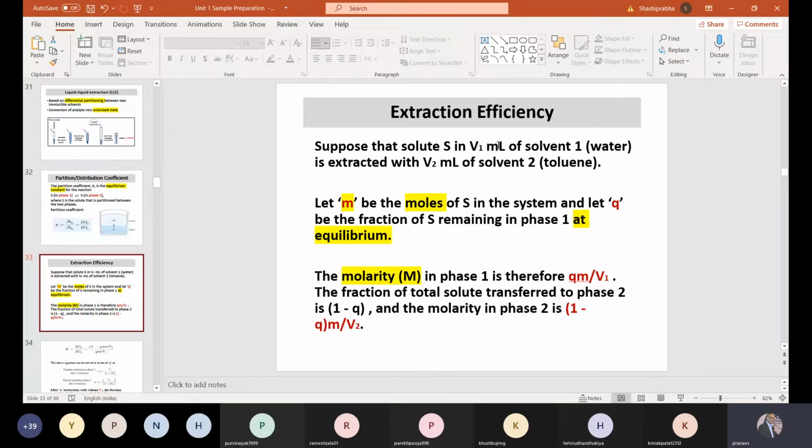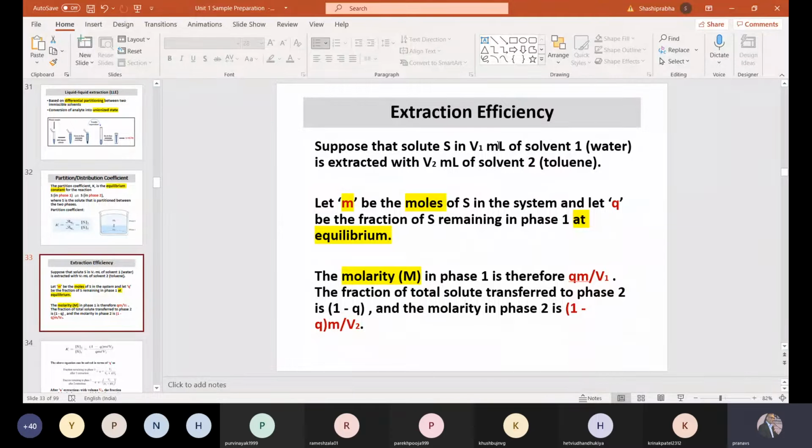That is what we intend to understand now as we move ahead. So for that, we need an expression, a formula, which can help us in calculating the efficiency of extraction. Of course, we want a higher value for K.